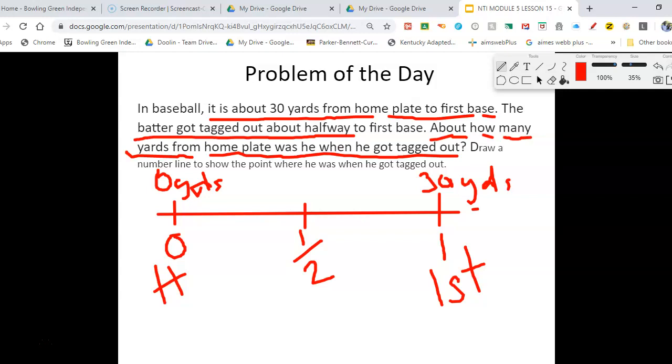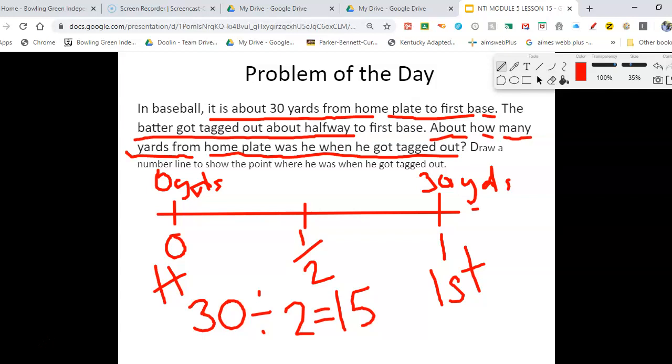We know that if we have 30, we can divide 30 by 2, and that will give us half of 30. So 30 divided by 2 is what? Yes, it is 15. So he was about 15 yards from home plate when he got tagged out.